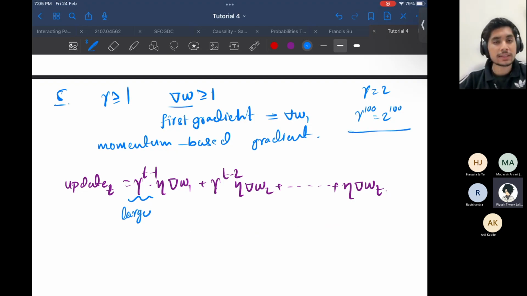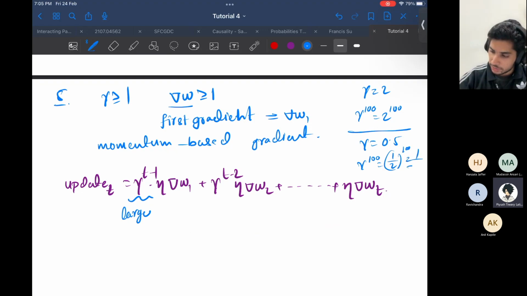Why gamma greater than 1 is an important condition: let's say gamma were less than 1, something like gamma equal to 0.5. Now gamma raised to 100 will be 1 by 2 raised to 100, which will be almost equal to 0. So this thing which I am writing as large would have been very small.